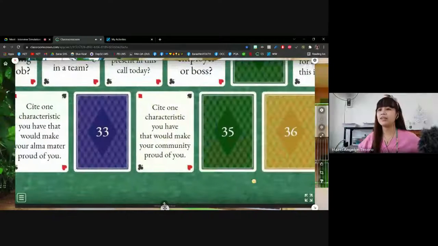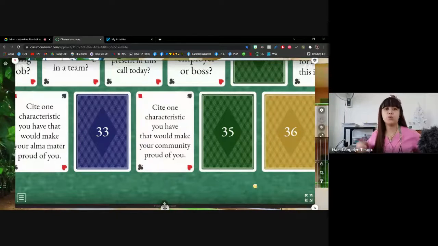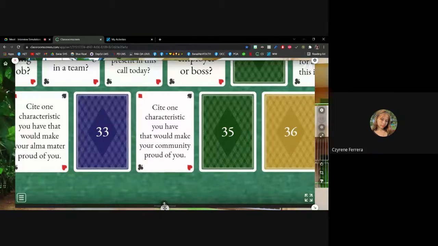Cite one characteristic you have that would make your community proud of you. I think that will be participative po. Kasi po, tingin ko po, isa po yun sa karakteristik na talagang makakatulong po sa isang community para mag-work and mag-unite po at magkaroon po ng mas nakakaintindiyang komunikasyon po and wala pong complication.